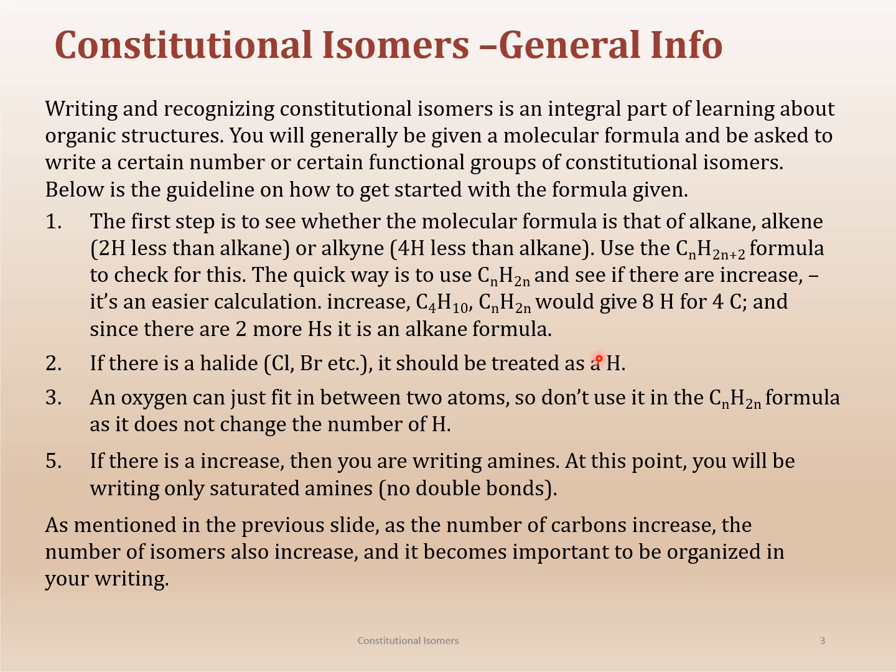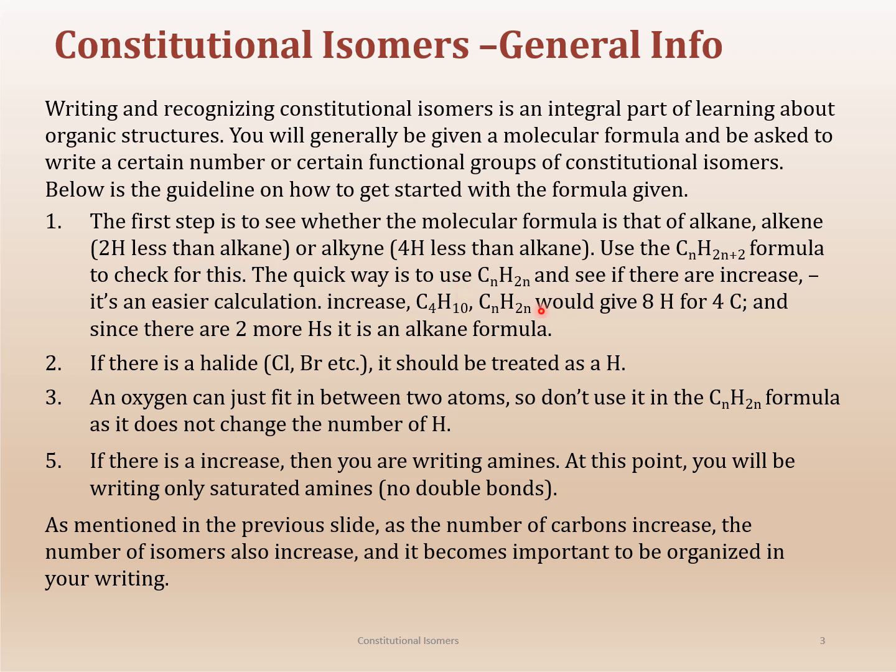I like to follow the formula CnH2n because this is an easy calculation, just twice the number of carbons, and you will know if you have an alkene or not. If you have two more hydrogens, that means you have an alkane. If you have two less hydrogens, you have an alkyne. So this formula is really good to start with.